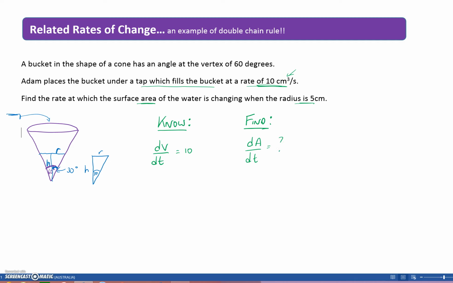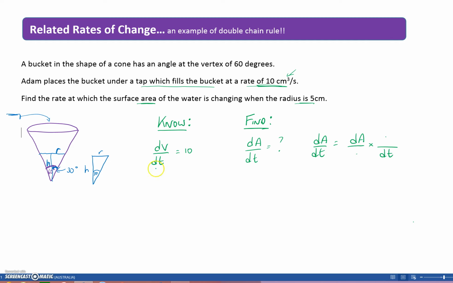So like any chain rule, we should always set up that chain rule that helps us find this unknown rate. So dA/dt, remember one diagonal is the dA on the top there and the dt down the bottom here. And then this diagonal going the other way needs to be something that we actually know.